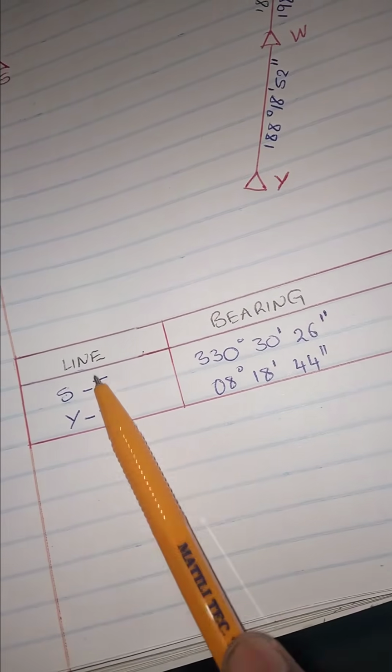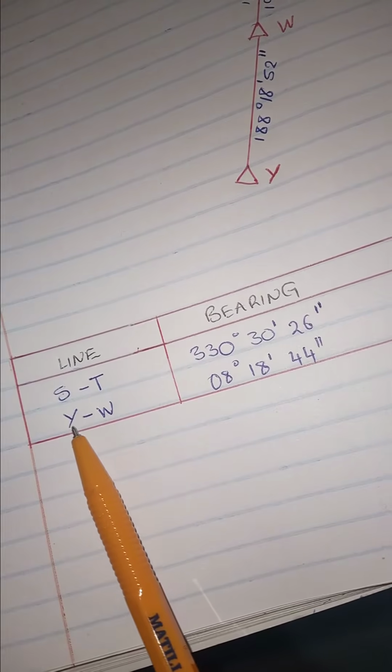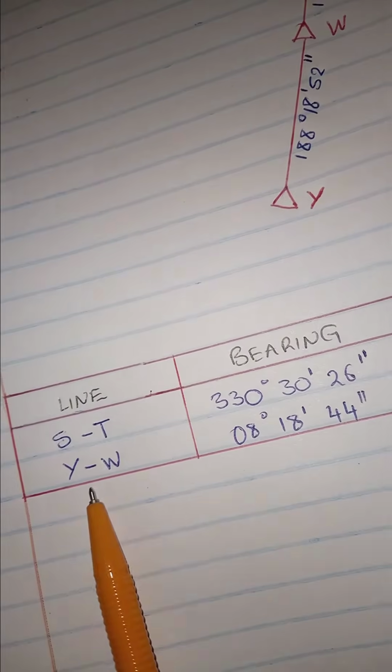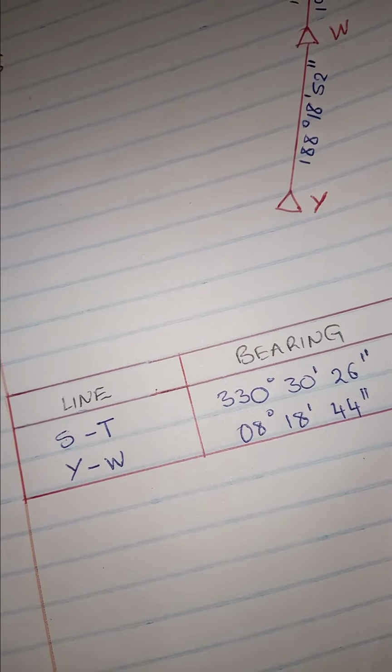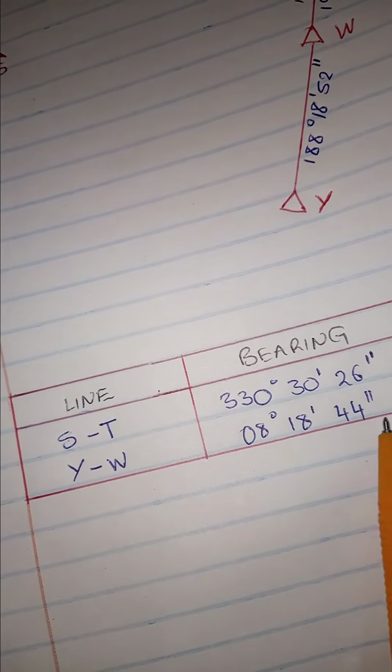We have been given a table below. It has the lines from S to T, and from Y to W. For S to T, this is the back bearing of this line. For Y to W, here we have that value, which is the back bearing of that line.